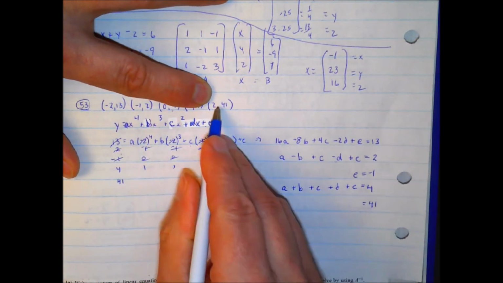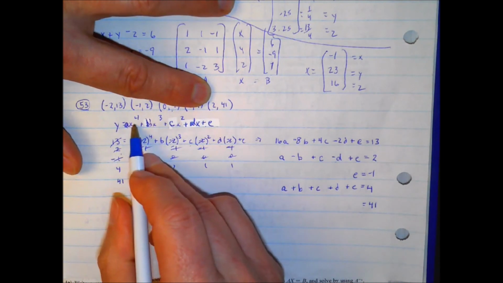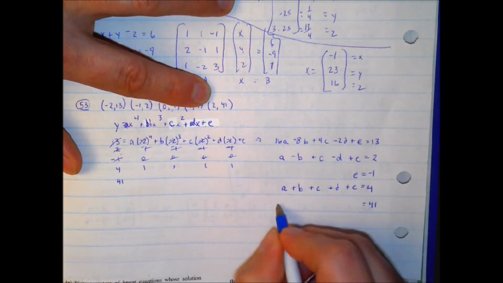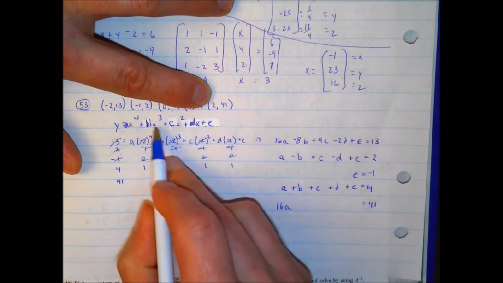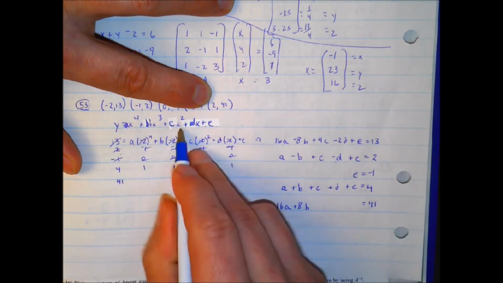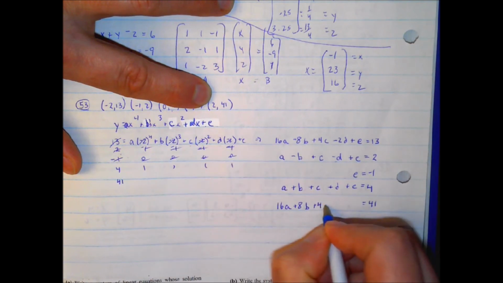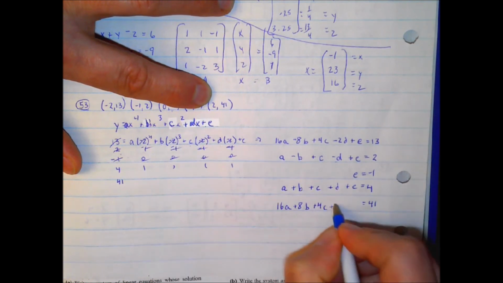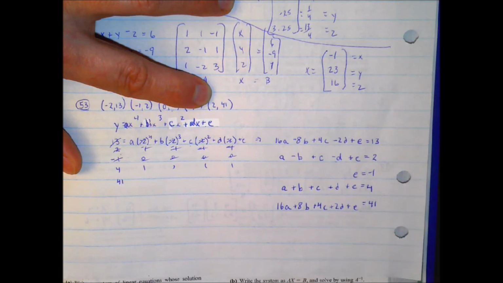We're plugging in a 2, so 2 to the 4th would be 16, so 16a. 2 cubed would be plus 8b. 2 squared is 4, so plus 4c, plus 2d, plus e is equal to 41.